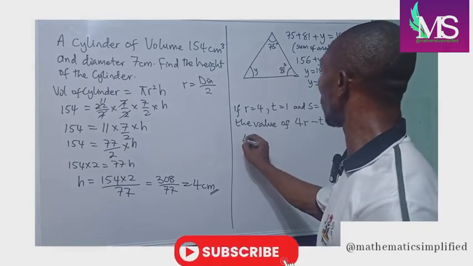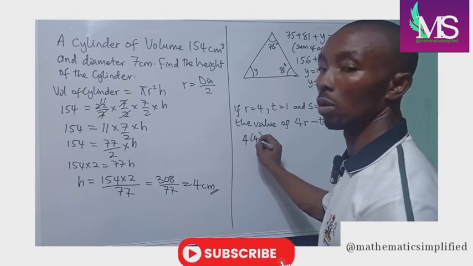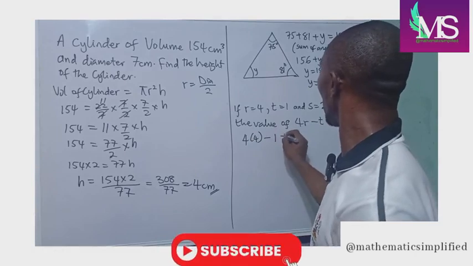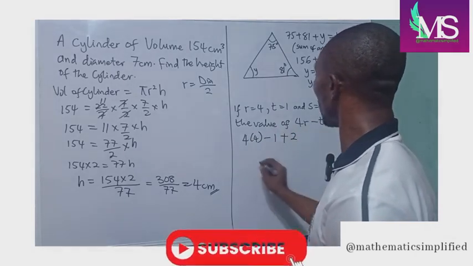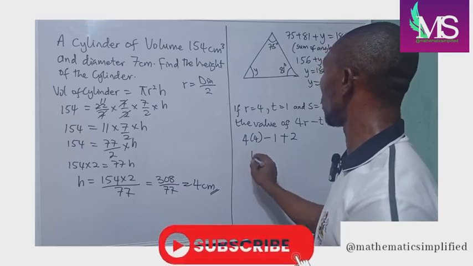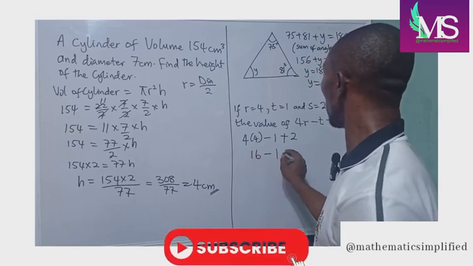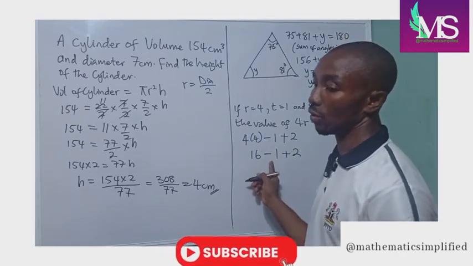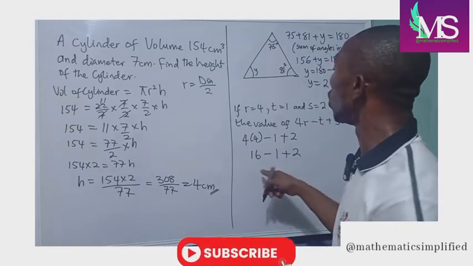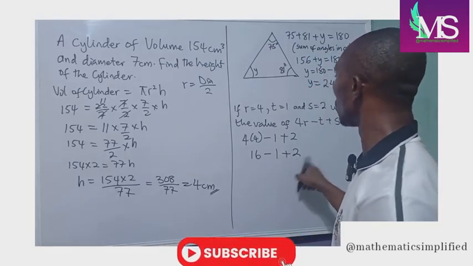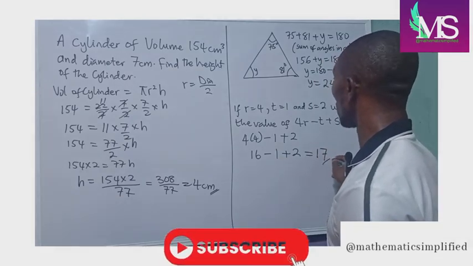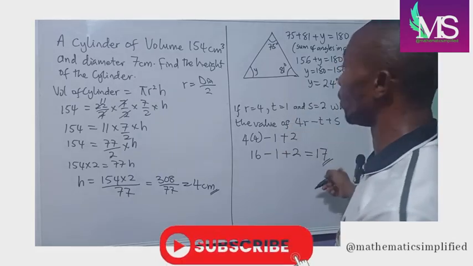This will give us 4(4) minus the value of t, which is 1, plus the value of s, which is 2. So this becomes 4 times 4, which is 16, minus 1 plus 2. Either we do 16 minus 1, which gives 15, plus 2, 17, or we do 16 plus 2, 18, minus 1 to still give us 17. So the value of this will be 17.